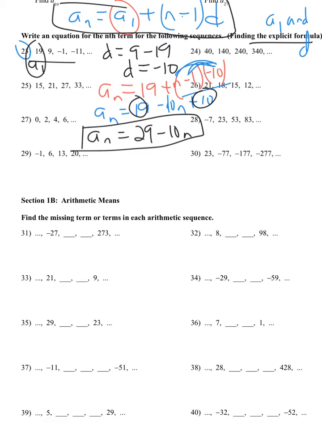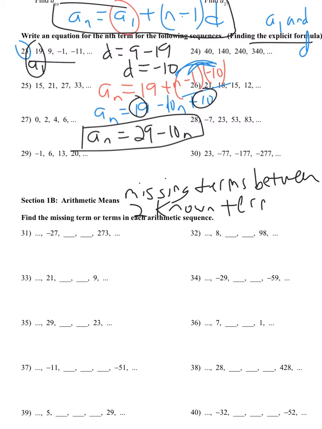Now, arithmetic means are basically finding the missing terms between two known terms in an arithmetic sequence. So it's finding the missing terms between them.